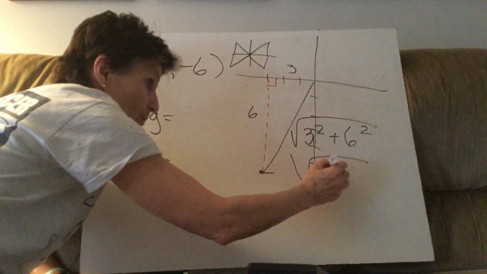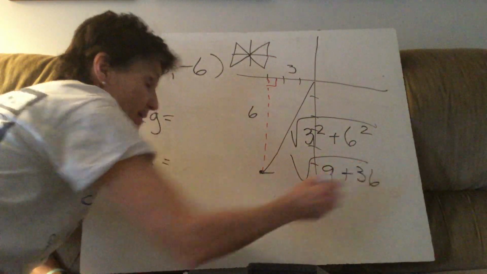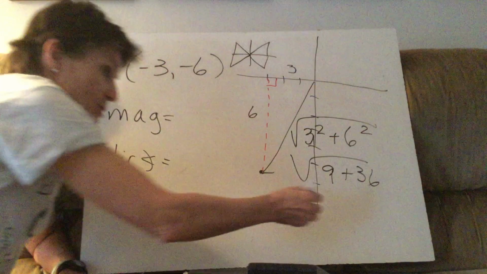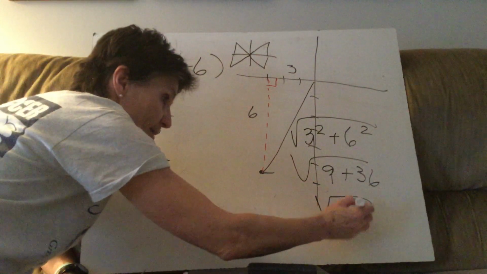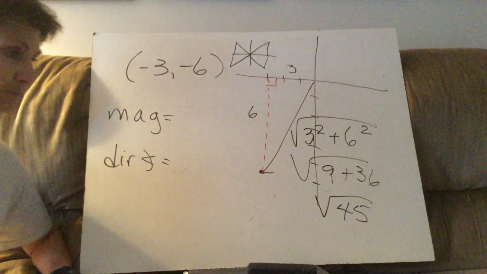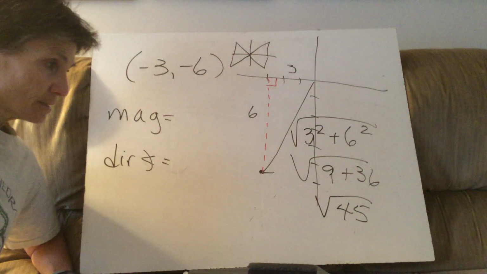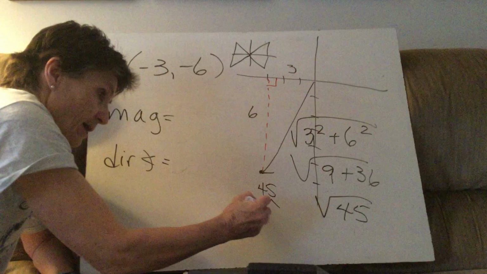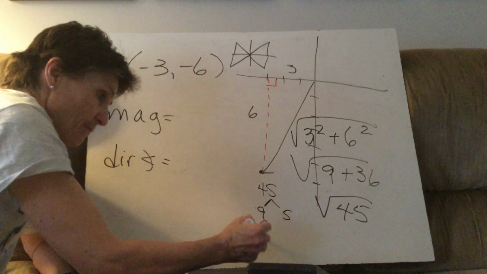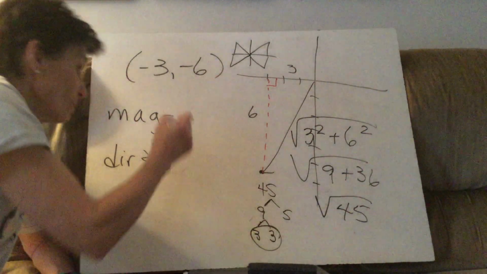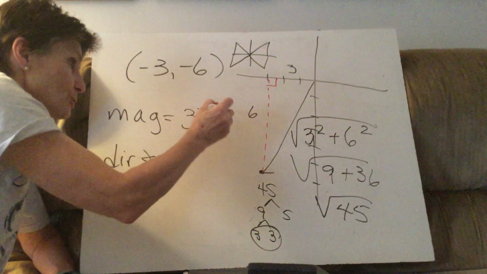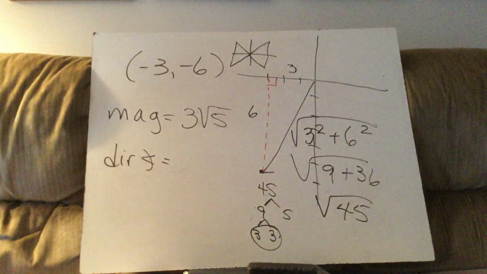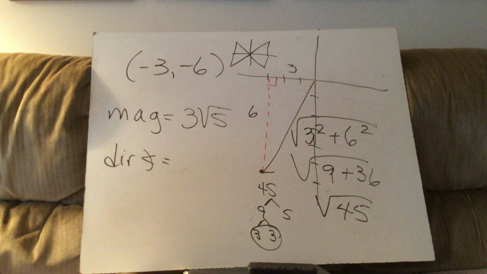So that's the square root of 9 plus 36, which is the square root of 45, which breaks down. 45 is 3 root 5. So your magnitude is 3 root 5.